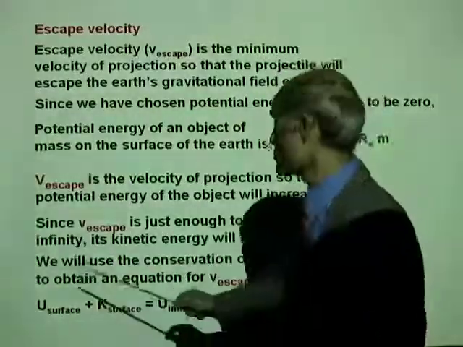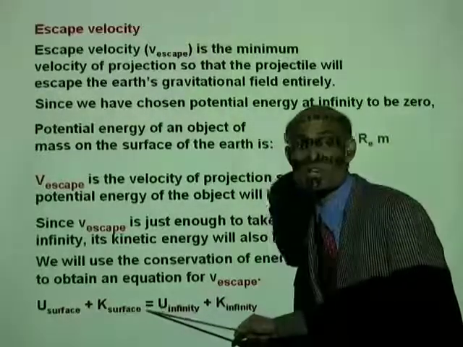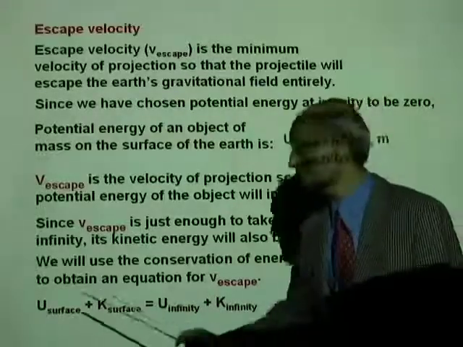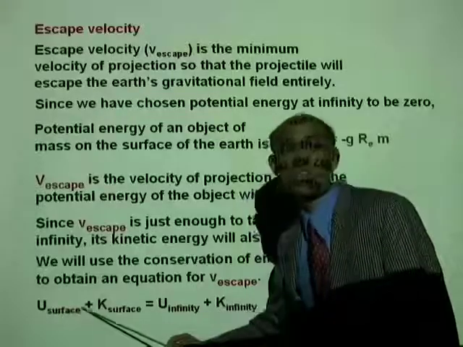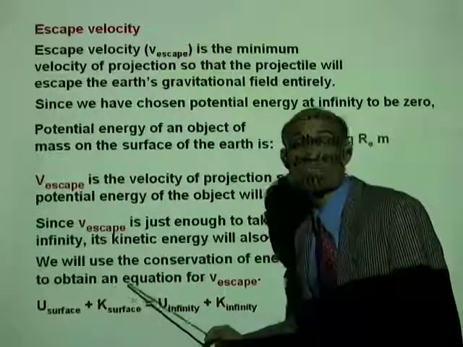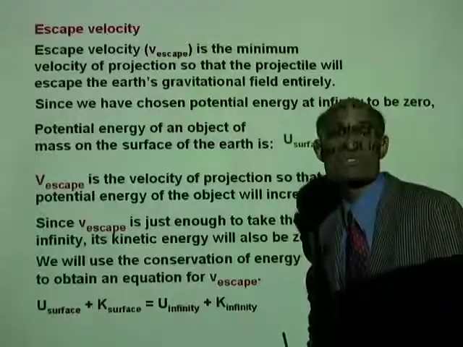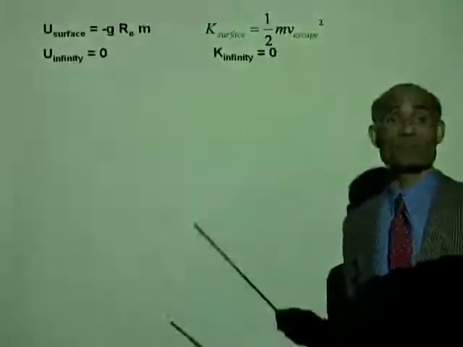All right, so U_surface + K_surface = U_infinity + K_infinity. The sum of the potential and kinetic energies of an object on the surface of the Earth must be equal to the sum of the potential and kinetic energies of the object at infinity.